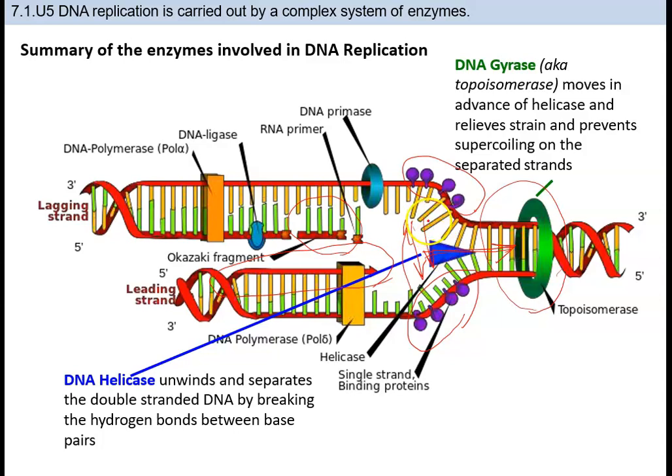It's like two things that like each other, and once you separate them, immediately they want to go back to each other. So someone should be standing over here and not allow these two strands to go back immediately, and that's the function of the single-strand binding proteins. They don't allow the two strands to go back together fast.